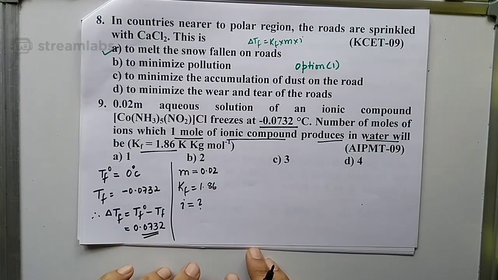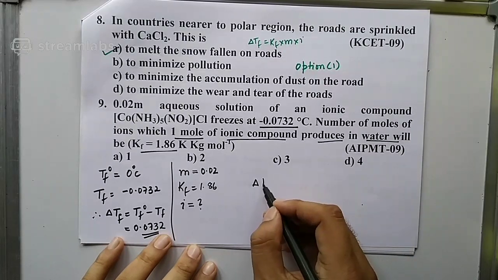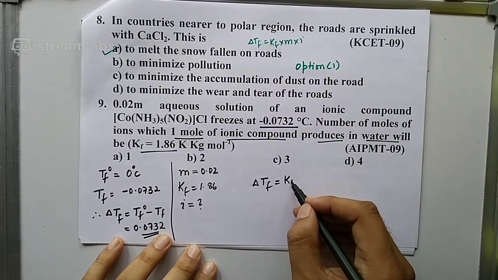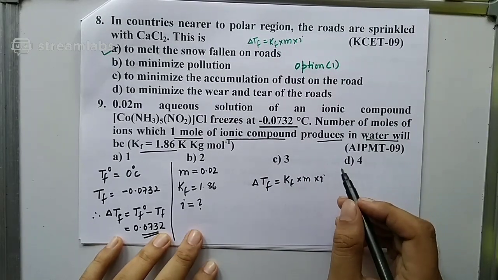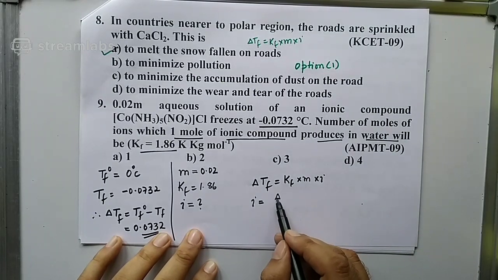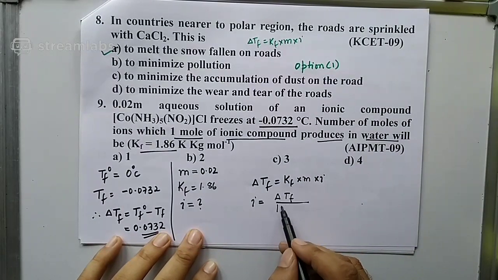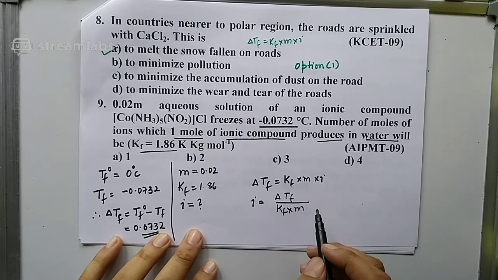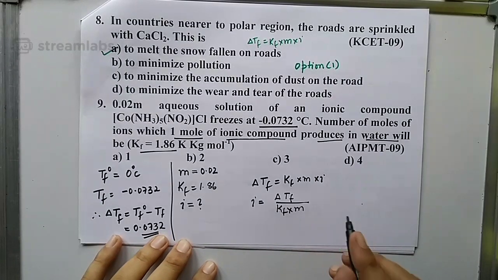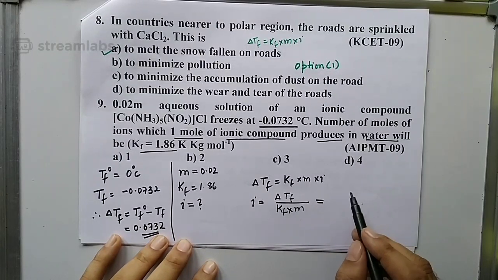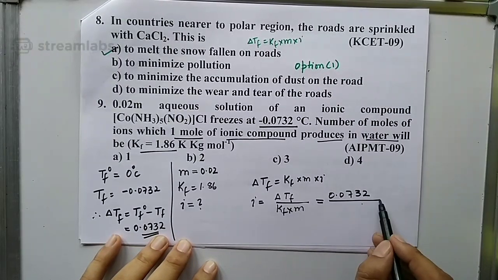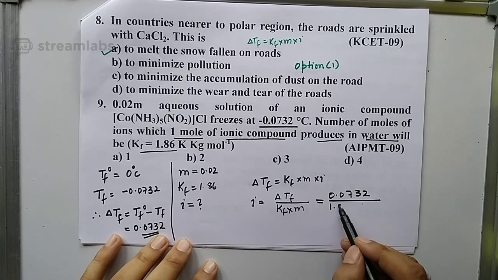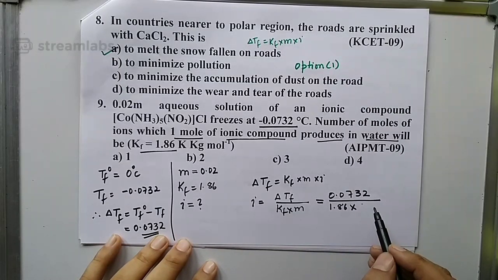We know that delta TF is equal to Kf into M into I. Now I will be equal to delta TF divided by Kf into M. This will be equal to delta TF value, 0.0732, divided by Kf value, 1.86, multiplied by molality of the solution, 0.02.